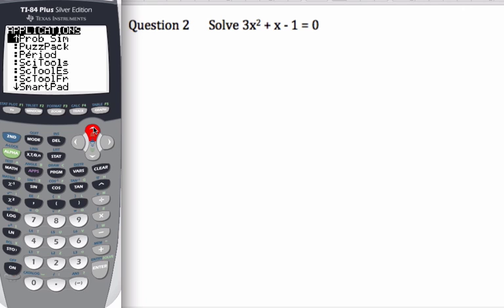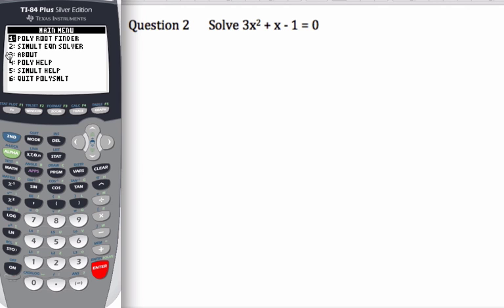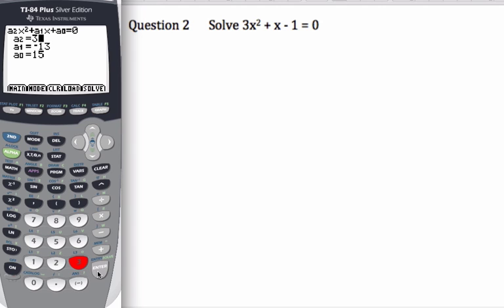There it is. And so I'm going to do the polynomial root finder. Next, and it's 3, 1, negative 1. Solve that, and I get that messy scenario there.